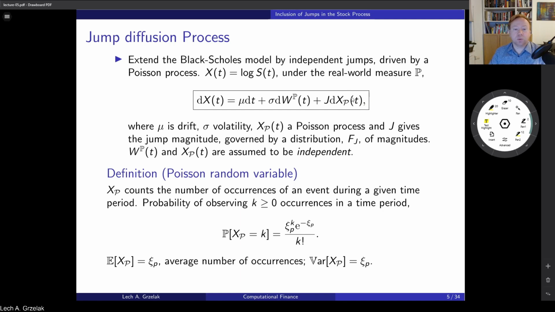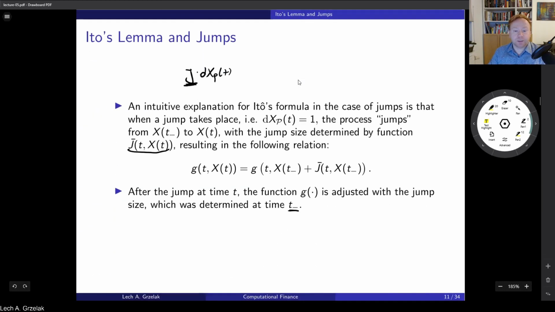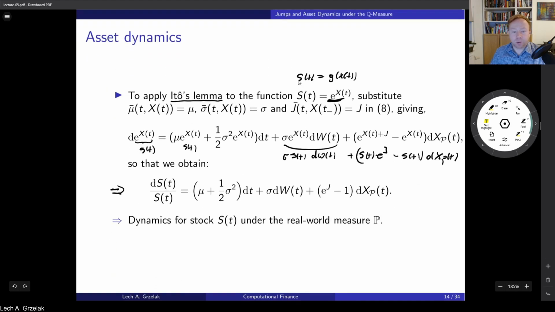Once we applied Ito's lemma to the exponent of X, which is equal to S, we arrived at a much more complicated expression than we could initially expect. This term is maybe a little counterintuitive, but it is what we obtained from Ito's lemma. Keep in mind that this Brownian motion here is under the P measure, so this is still something that we have to work on.